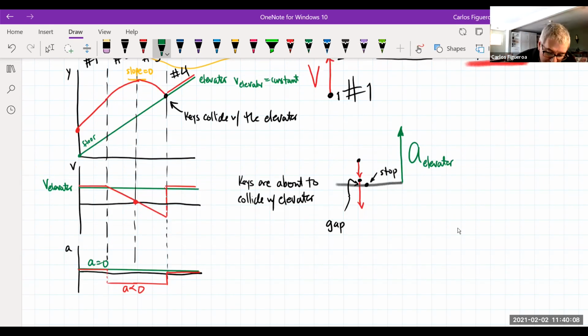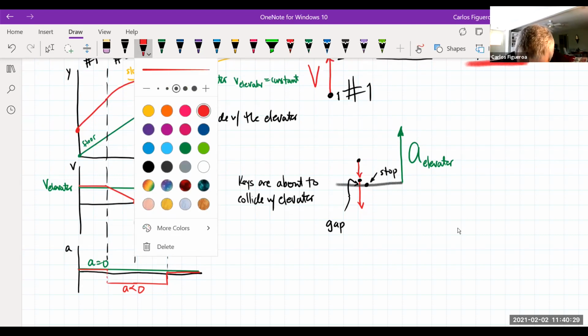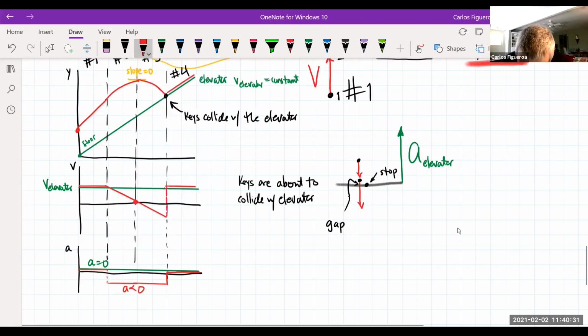And so that discontinuity, the way I drew it here, is really not correct. What you're really seeing here is, let's say that this is my slope right here. If I was to draw that curve, you would see this. You would see the keys coming down. And then there's that little gap.